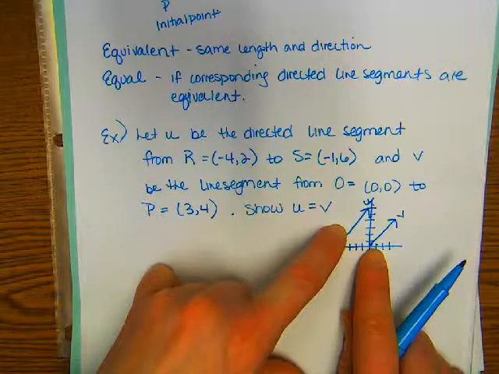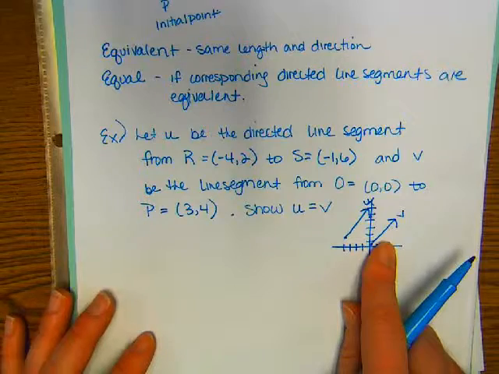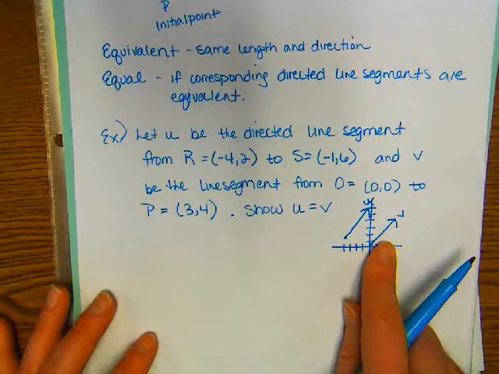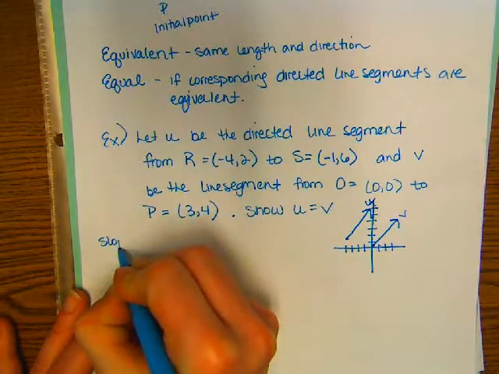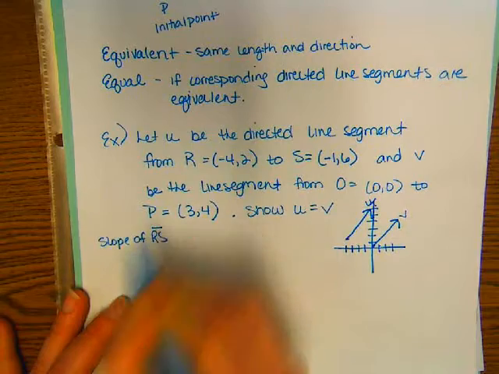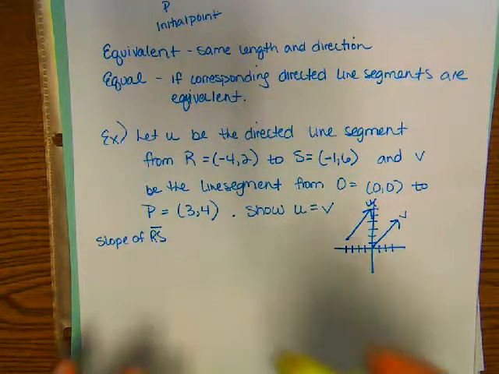Okay, so I am going to compare the slopes of those segments to make sure they're at the same angle. What would the slope of RS be? What would go on top?